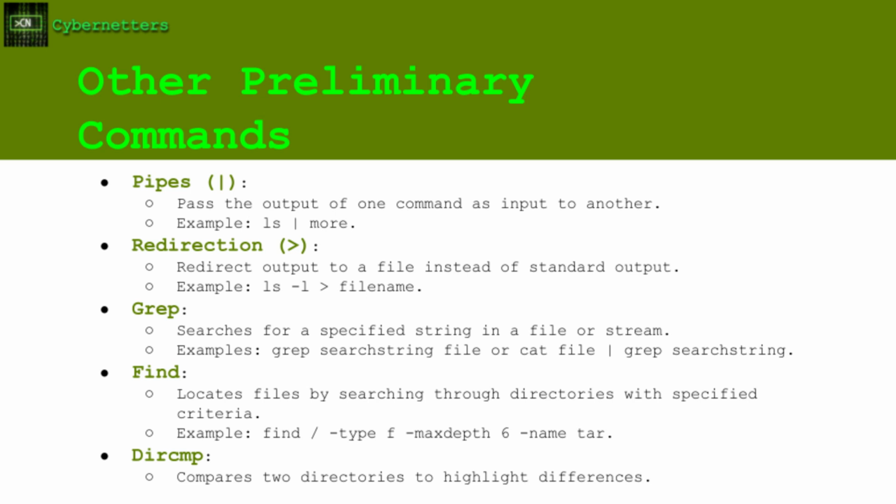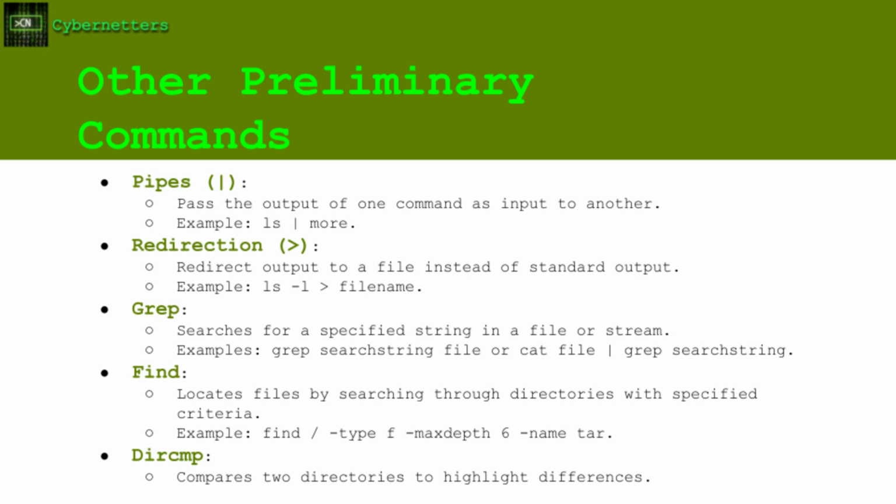Lastly, let's talk about some commands. As we mentioned in the last video, pipes send the output of one command to another, ls pipe more, for example. And then redirection, denoted by the rightward arrow, saves the command output to a file instead of displaying it. For example, you can do ls -l > filename. Then grep searches the text inside a file stream, so grep search-string file, for example.